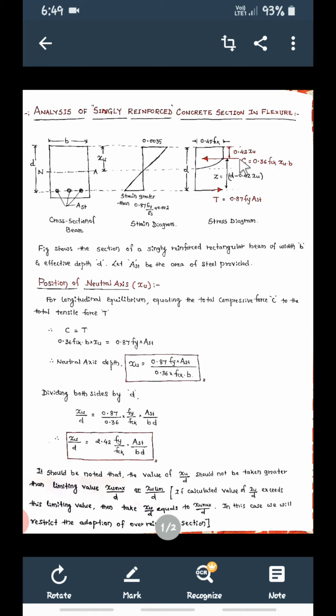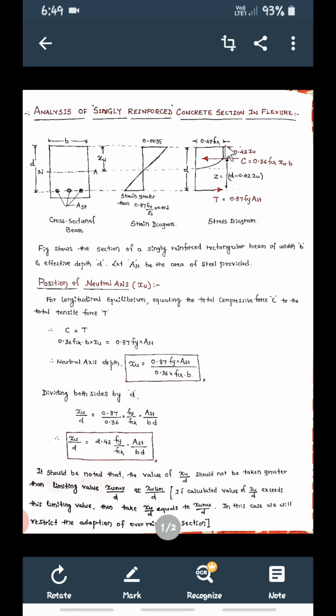Now what is the total compressive force C? What is force? Force is equal to stress into area. So what is the stress? 0.36 FCK. How have you got this 0.36 FCK? Here it is 0.45, the maximum stress.